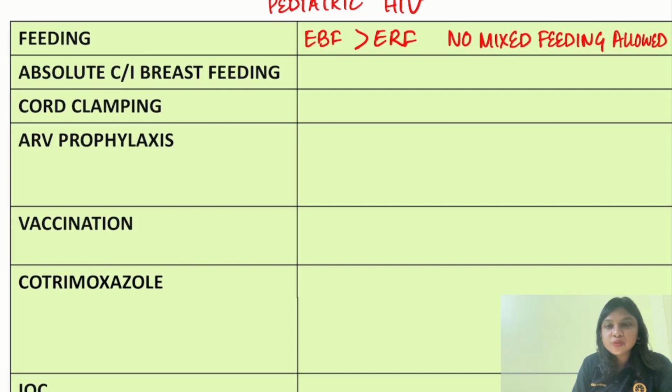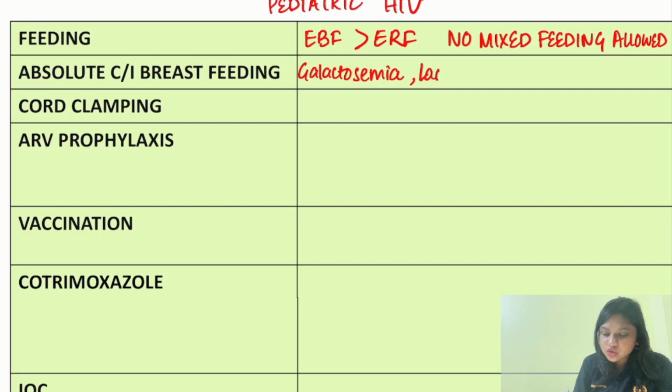Absolute contraindications of breastfeeding overall. Remember, there are only 3 absolute contraindications of breastfeeding. Number 1 is galactosemia. I already told you in my rheumat section that galactosemia is an absolute contraindication of breastfeeding. Along with that, we get E. coli sepsis, a very sick child with liver cell failure, and oil drop cataract.